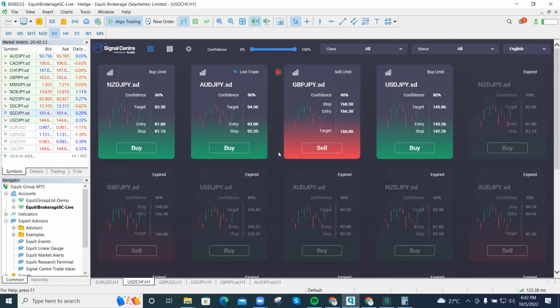The next icon I would want to show you is this icon, the confidence level. Let me talk a little about it. The confidence level ranges from 0% to 100%. A trade could be 40% confidence or 80% confidence level.